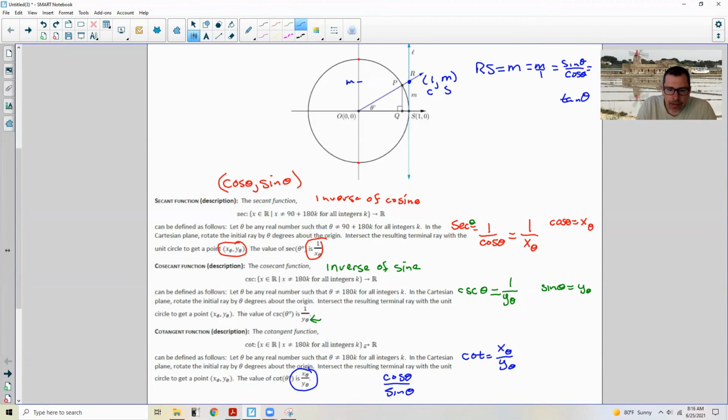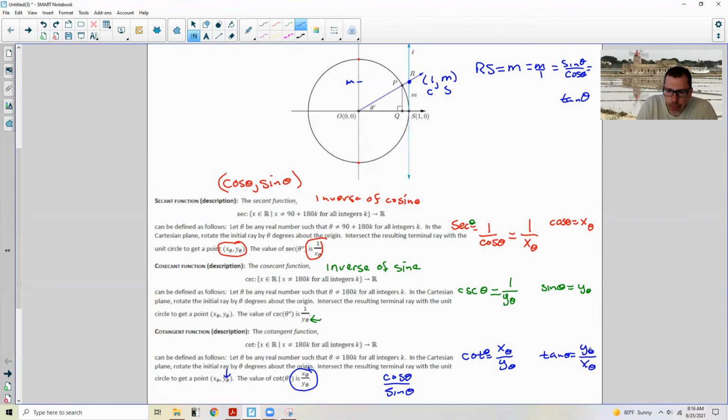And tangent is the other way around. Tangent of theta equals sine theta over cosine theta. But what is our sine theta? Sine theta is y theta over x sub theta.